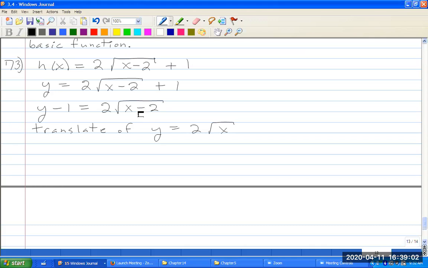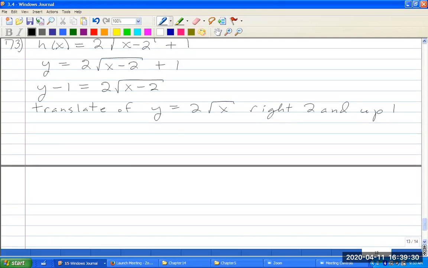So I'm going to be going 2 in the positive x direction, 2 units to the right. I'm going to be subtracting 1 from y, and so I'll be going 1 unit in the positive y direction. So I'll be going 1 unit up.